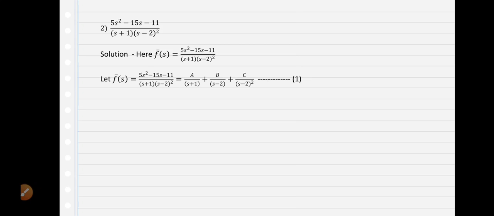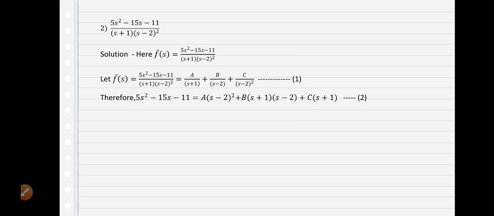So once we have to write it with capital B constant, and the square form with one more constant, capital C.